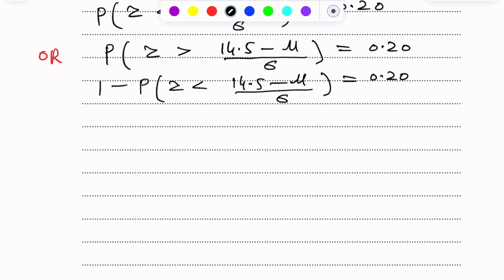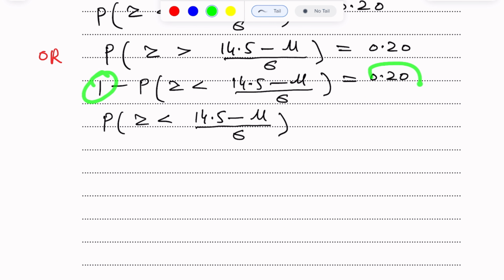Now we are arranging it and get probability of z is smaller than 14.5 minus mu over sigma is equal to 1 minus 0.20.